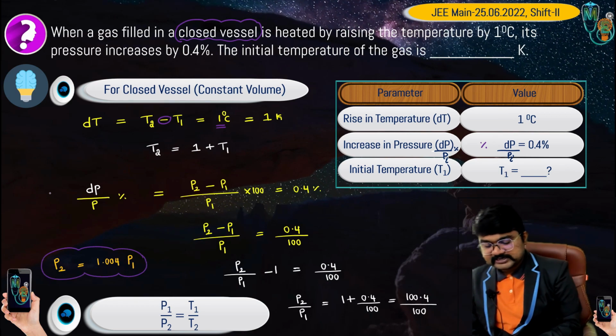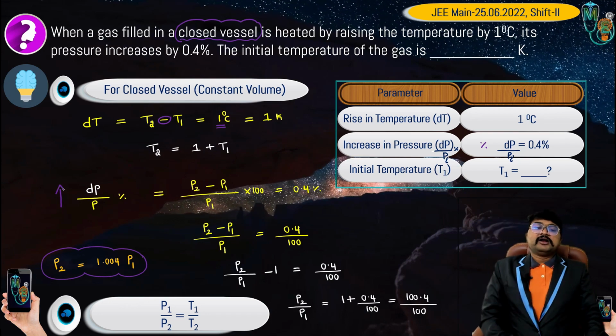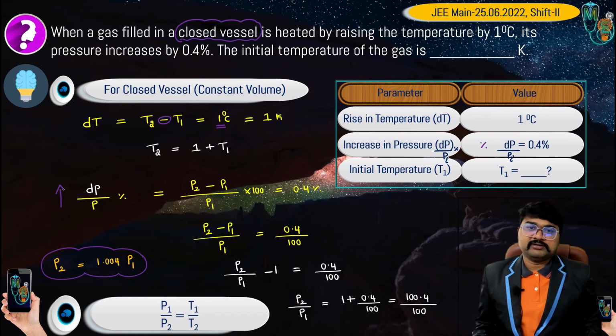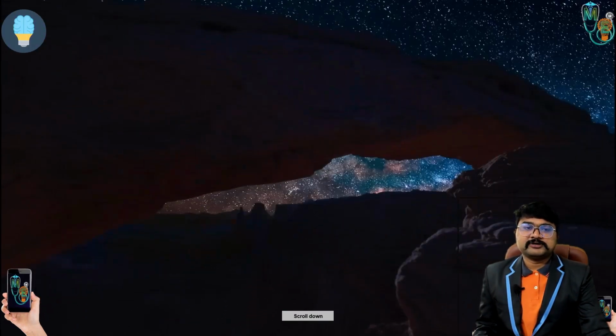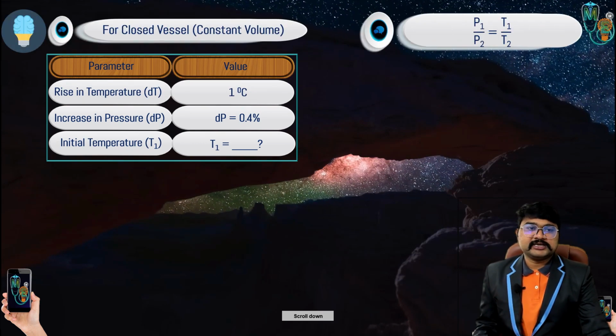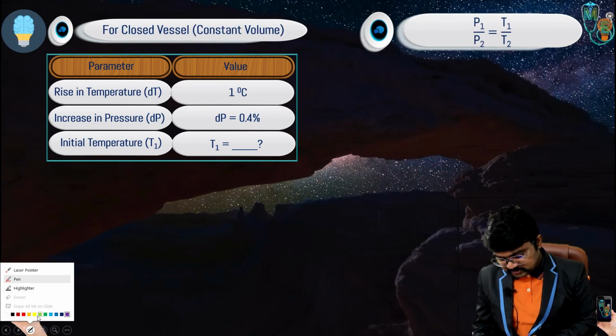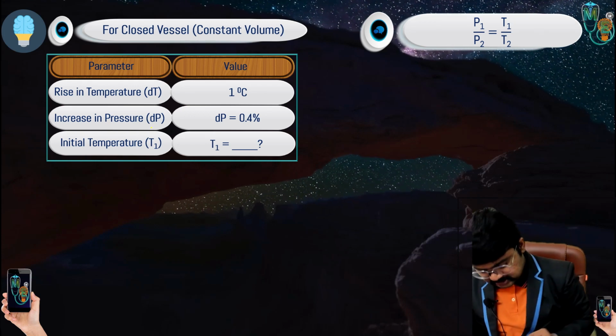The percentage increase is nothing but dP by P. Very simple to solve the problem. Here this is the percentage increase and volume is constant. With volume constant, we already know pressure is directly proportional to temperature.